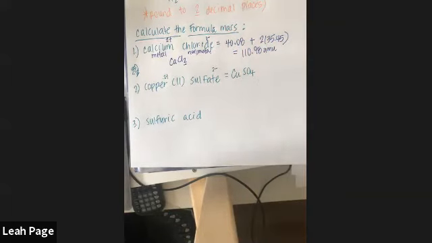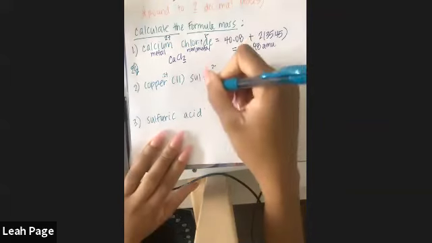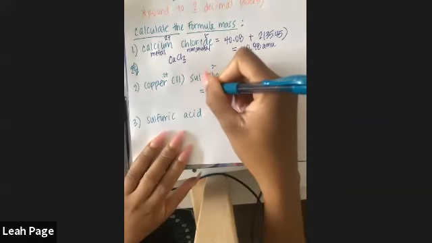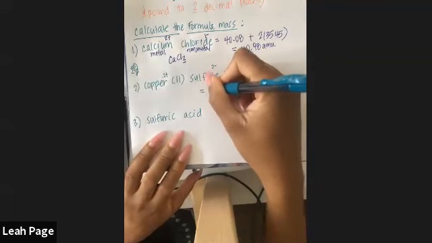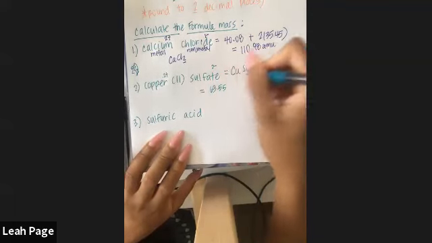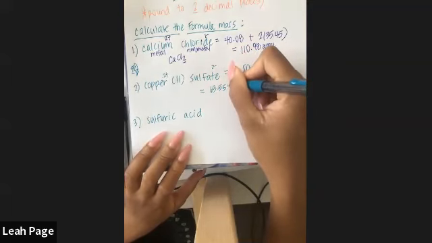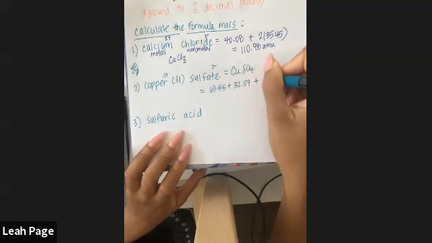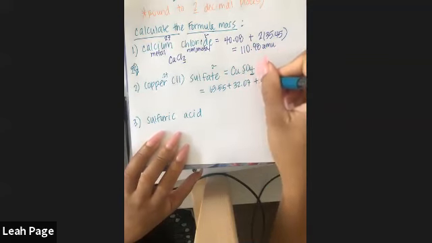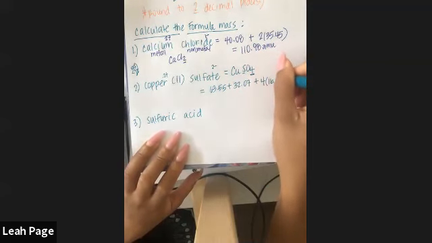So then when we go to write its formula mass, we're saying the mass of copper, which is 63.55, plus the mass of sulfur, which is 32.07 when you round it, plus the mass of oxygen, but we have to remember we have 4 oxygens, so we have to say 4 times 16.